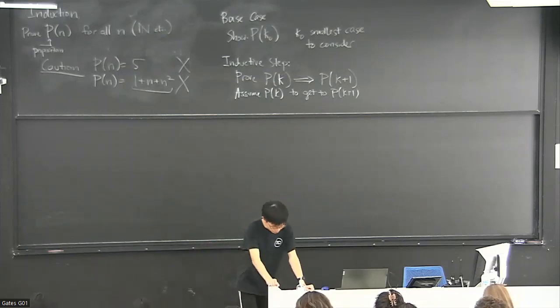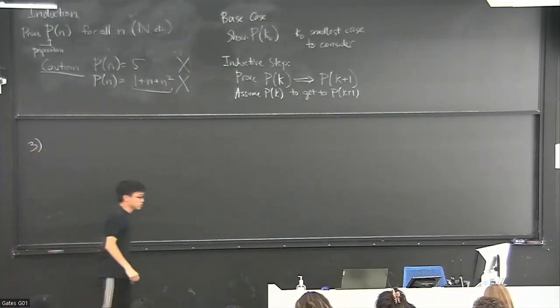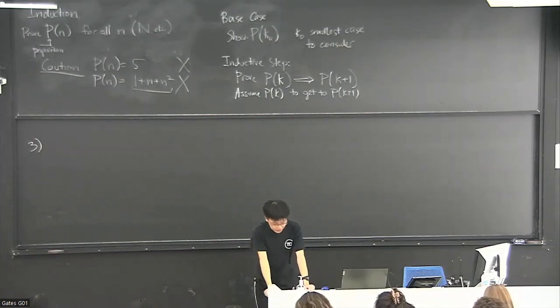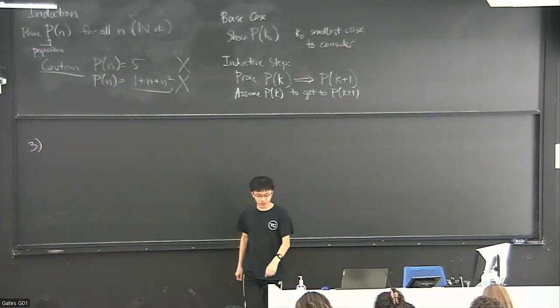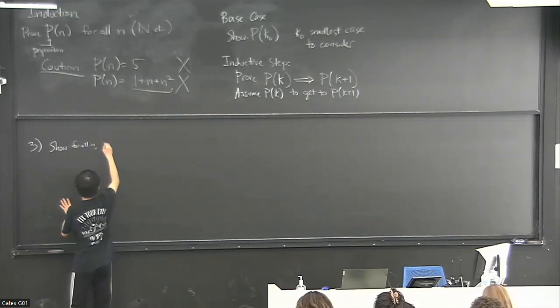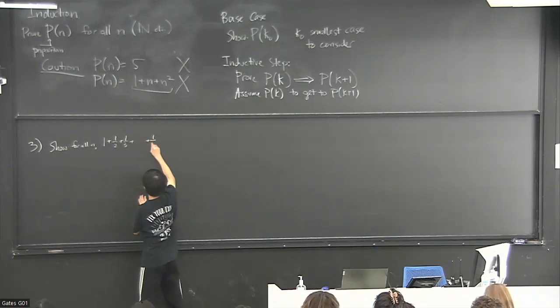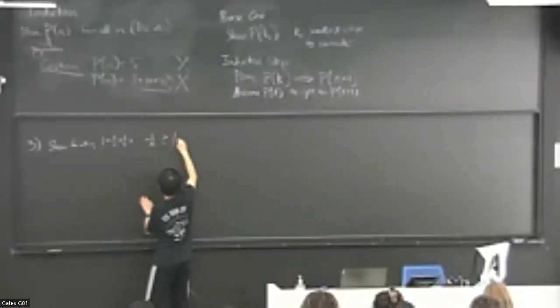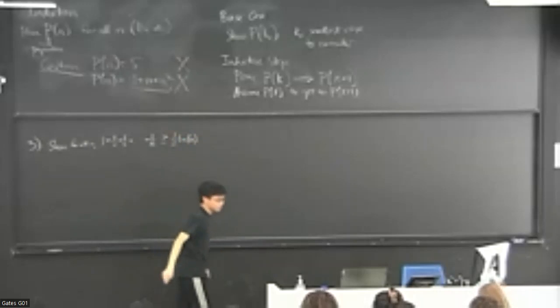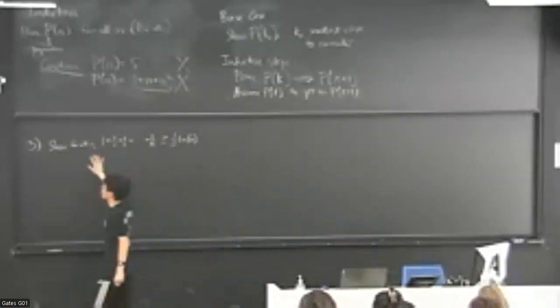And so if I look at question 3, here we're trying to show that for all n greater than or equal to 1, this sum, 1 plus a half plus a third up to 1 over n, is bounded below.